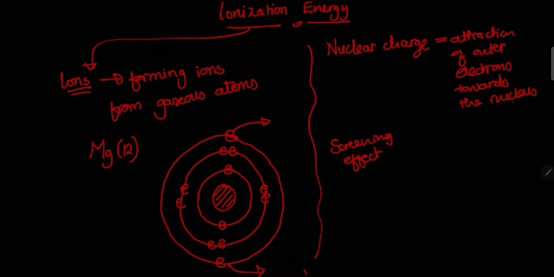Now what is this screening effect? It is basically just the repulsion. Negative and negative repel, positive and positive also repel, right? But in this case we have electrons repelling each other within the atom. So these second energy level electrons are going to repel the outer ones. So screening effect is basically just repulsion of electrons.